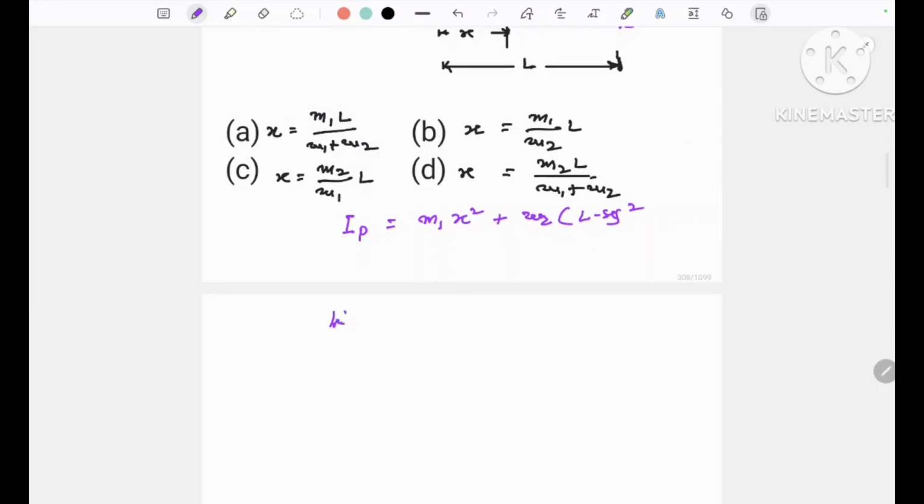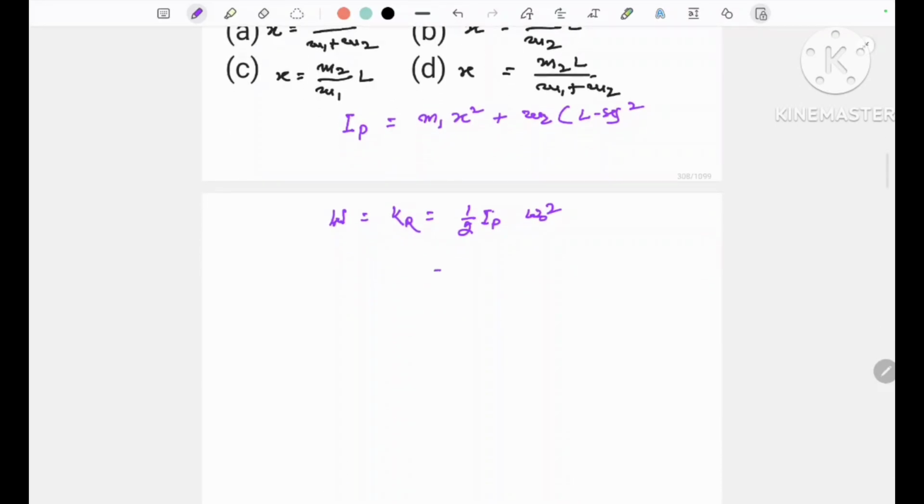Work done is equal to rotational kinetic energy, and that is half I_P omega dot square. Half (m1 x square plus m2 (L minus x) square) omega dot square.